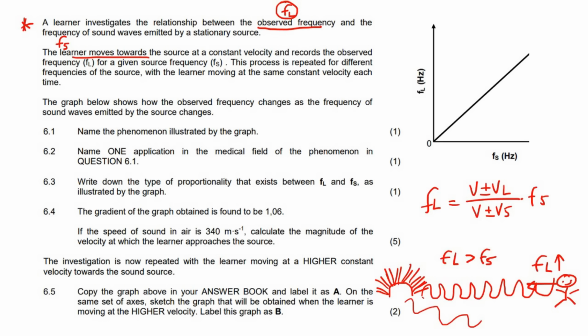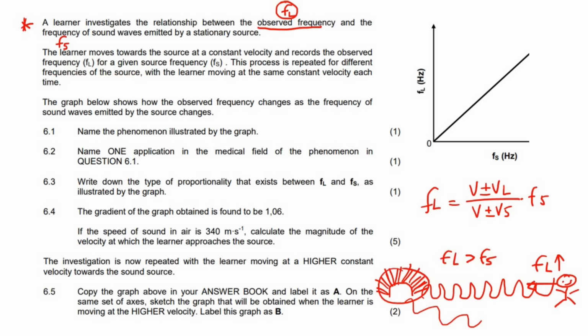This process is repeated for different frequencies. The graph below shows how the observed frequency, fL, changes as the frequency of the sound waves emitted by the source changes. So they're changing the siren frequency.